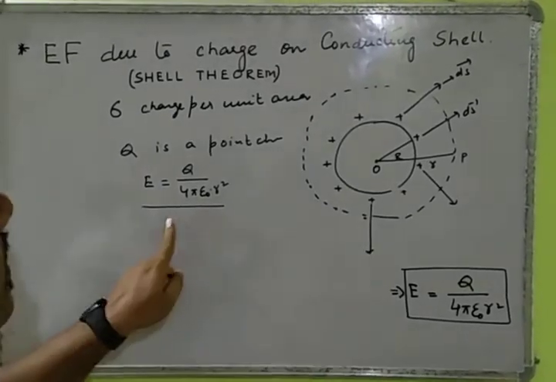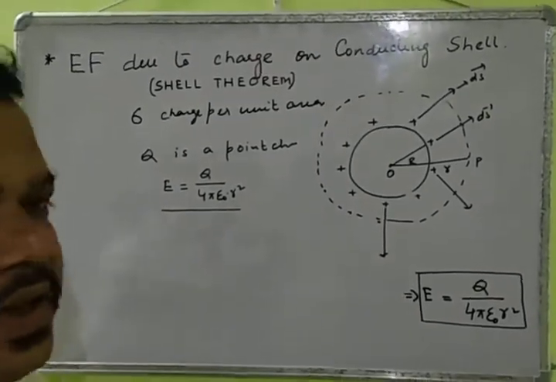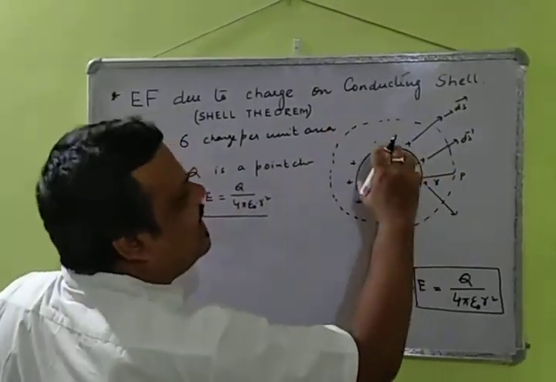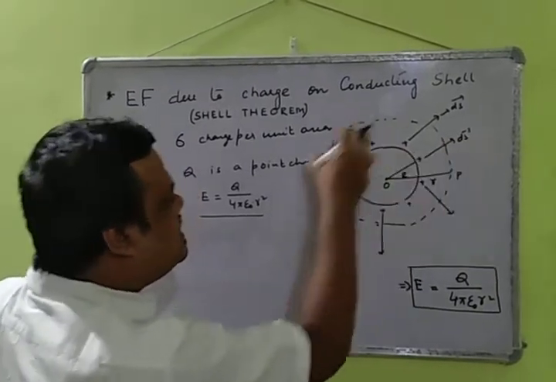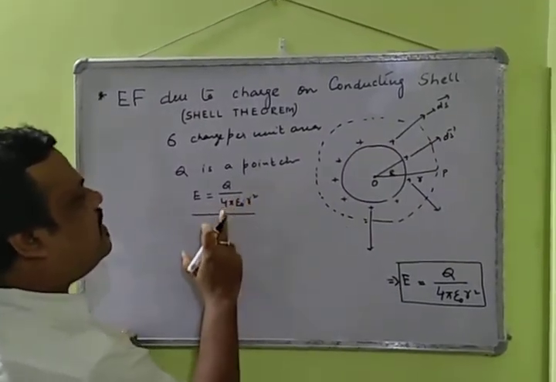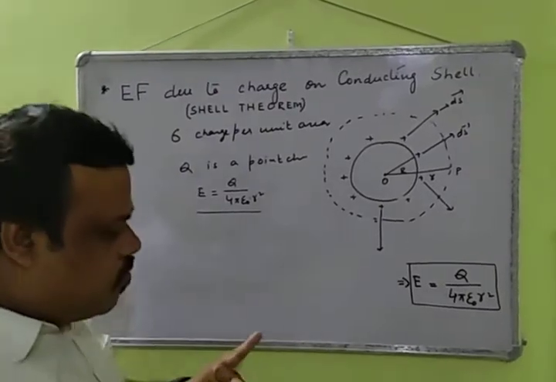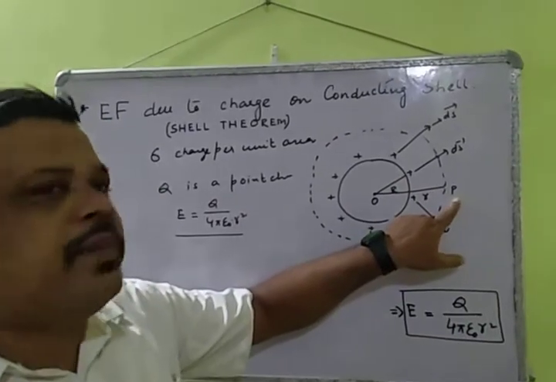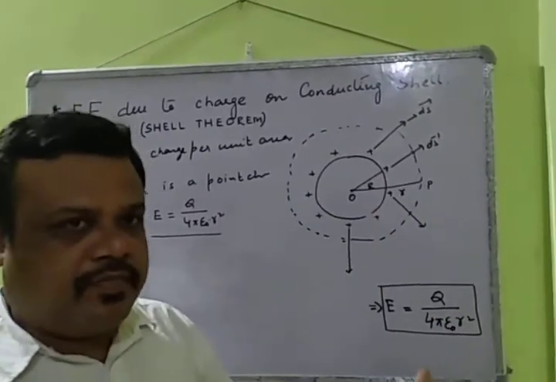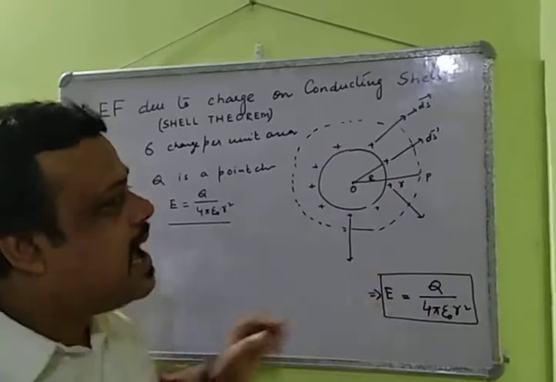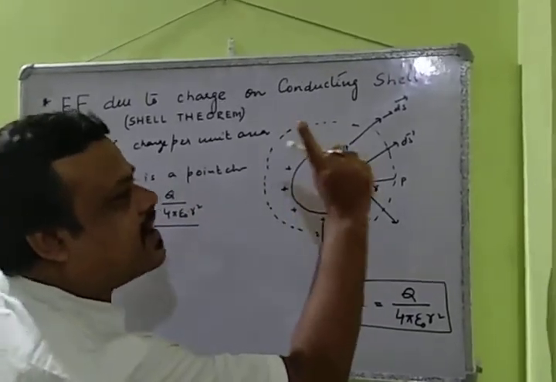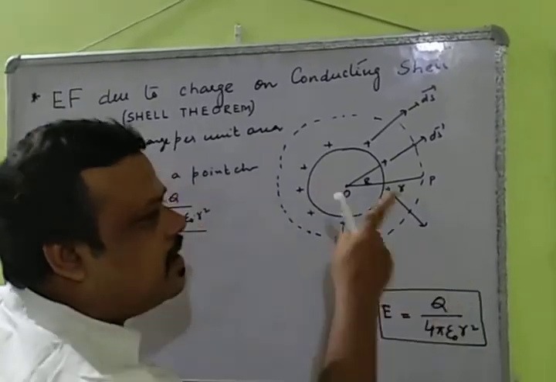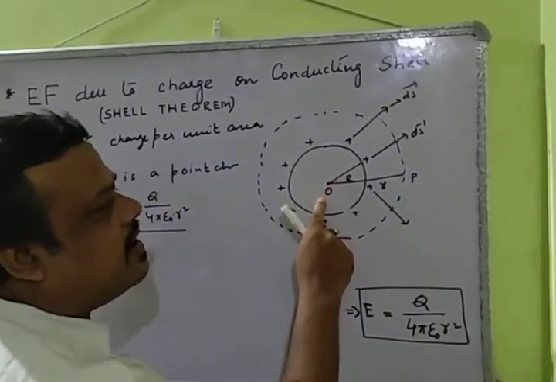Now what is the similarity? The formula is the same. So listen very carefully, we can say one thing: the electric field created outside the shell is the same as the electric field due to a point charge. So the field created outside a metallic shell behaves as if there is a charge capital Q at the center of the shell.